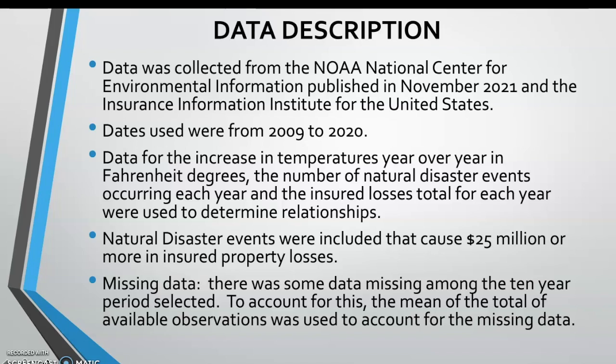Data for the increase in temperatures year over year in Fahrenheit degrees, the number of natural disaster events occurring each year, and the insured losses total for each year were used to determine the relationships moving forward. Natural disaster events were included that caused 25 million or more in insured property losses, which is a significant number for property alone and very expensive.